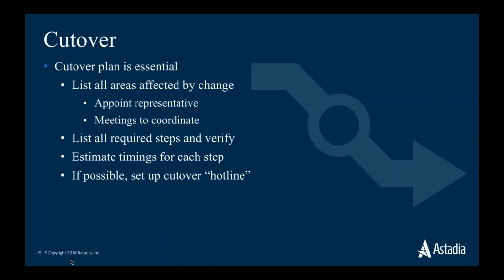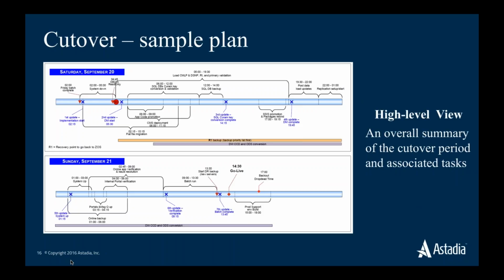So I've got here a sample plan from one of our previous projects, and this is what I would call the high-level view of the plan. You've got your days spread out by 2 days. In this case, we've got a Saturday and a Sunday.